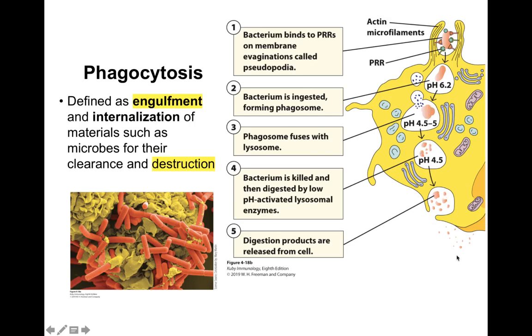And that can be released through exocytosis, as broken down little pieces that are no longer functional pathogens. So phagocytosis is what happens when cells try to eat and destroy foreign material. Macrophages are really good phagocytic cells, and so are neutrophils.